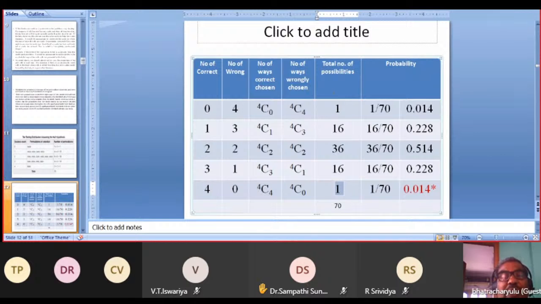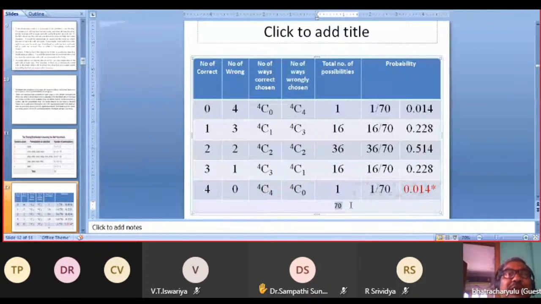So totally, why am I giving the 8 cups? If I am giving the 8 cups and saying 4 cups are one method and 4 cups are another method, and giving the 4 chances to her, then totally there are 70 possibilities.